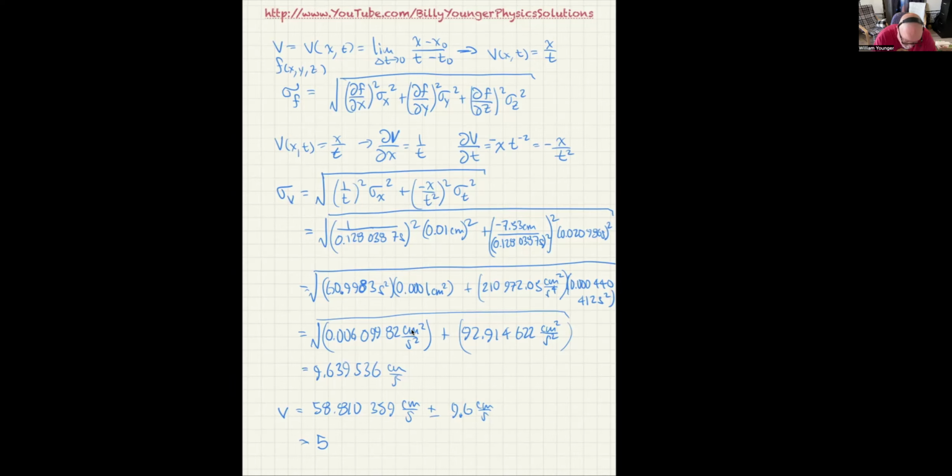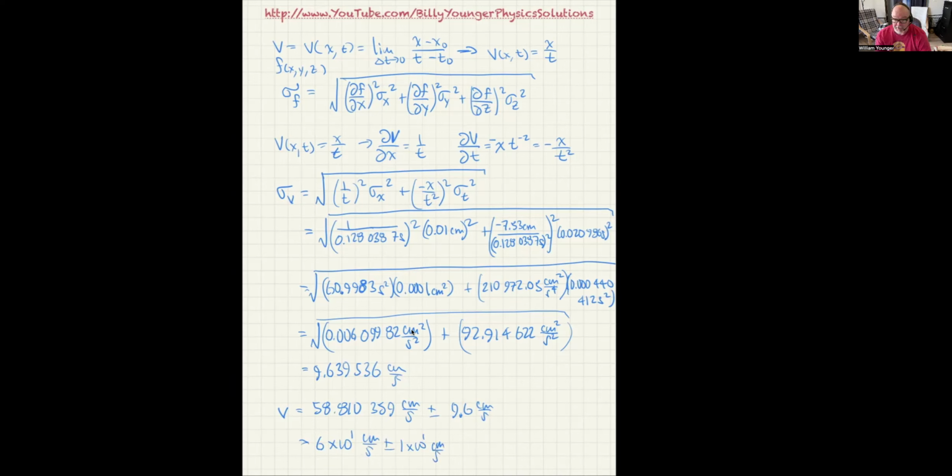I guess we'd have to actually call it 60, which is 6.0, which in other words, the zero shouldn't be there at all. So I just have to call it 6 times 10 to the 1 centimeters per second, plus or minus 1 times 10 to the 1 centimeters per second as my uncertainty.